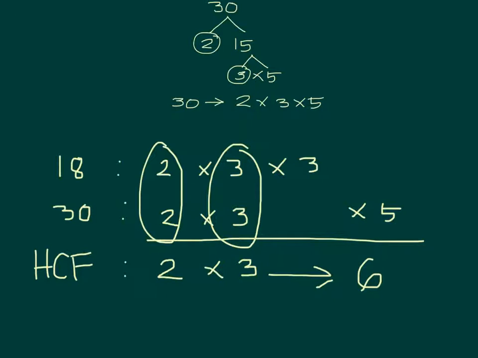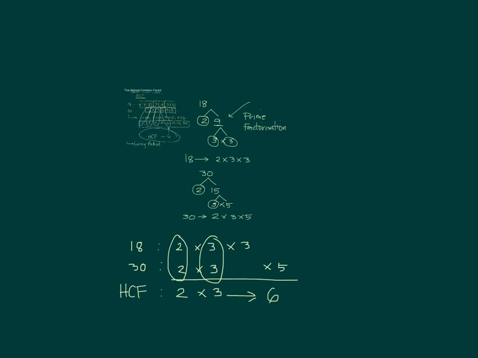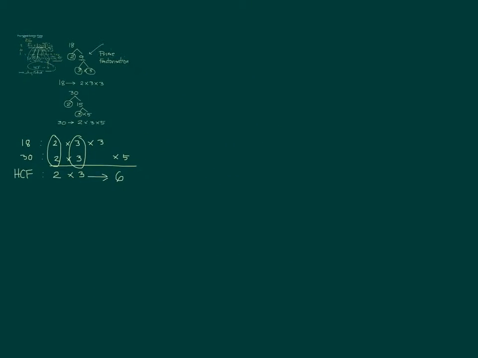Now you can extend the idea of HCF even if 3 numbers are given. Say I can have, let's say, example only, 42 and then let's say 56 and then let's have maybe 84.